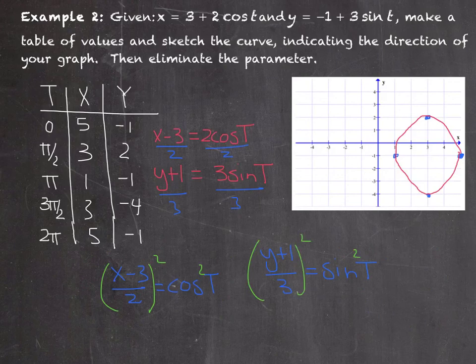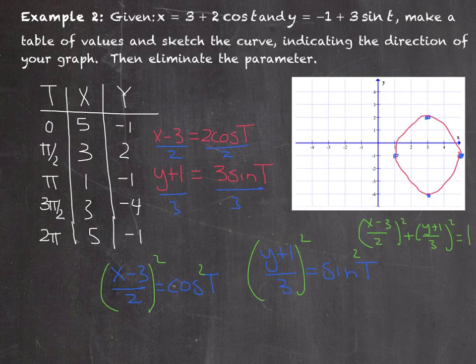And when you add both equations together, you are going to get ((x minus 3) over 2) squared plus ((y plus 1) over 3) squared equals, now notice, you're going to get cosine squared plus sine squared on the right-hand side, but we know from trig that is just 1.